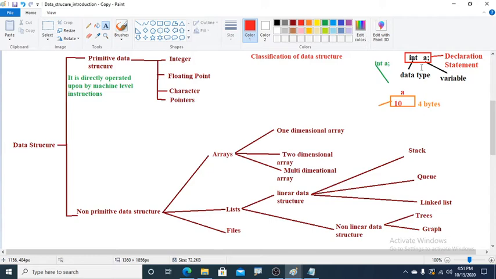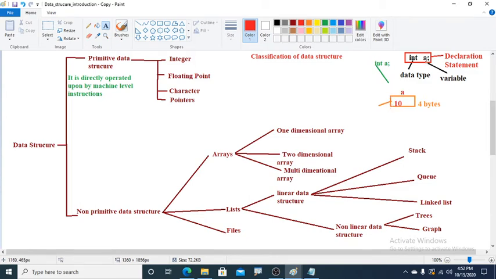A doctor declared as a doctor can do medical related things, but he cannot develop software. At the same time, a is an integer, so it can hold only integer values.